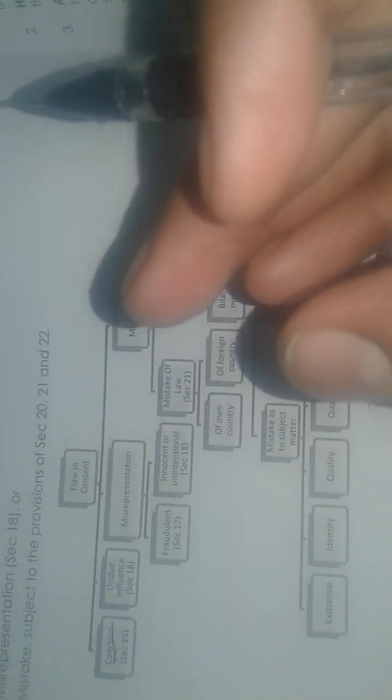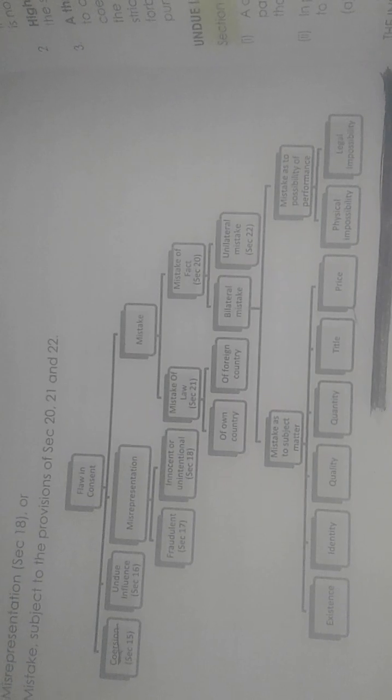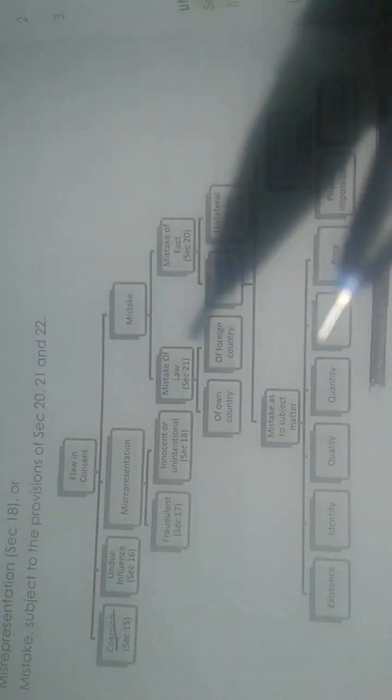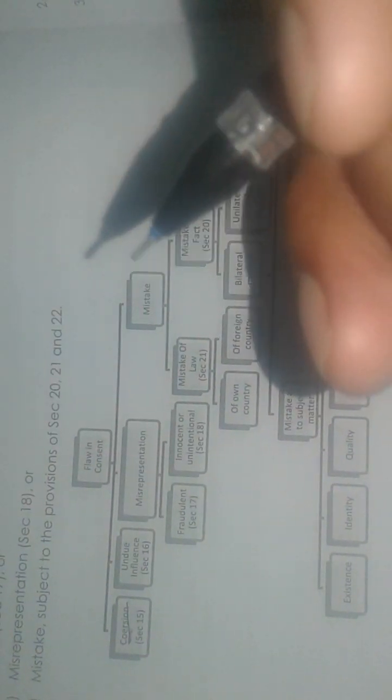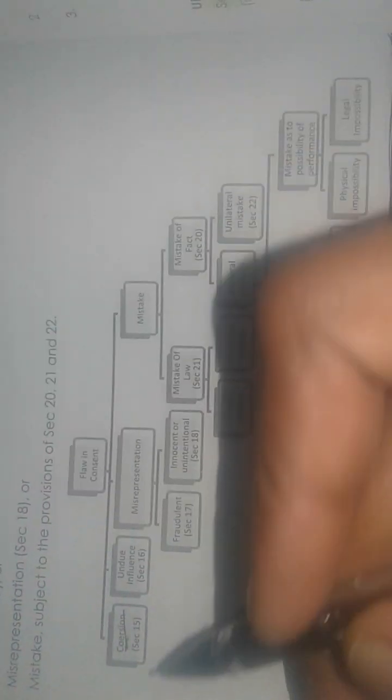For example, by showing a gun or any arms to that person and asking them to sign a particular agreement, then it becomes coercion. This is Section 15, and this includes the Indian Penal Code as well. So this is the overall description of coercion in the Indian Contract Act.